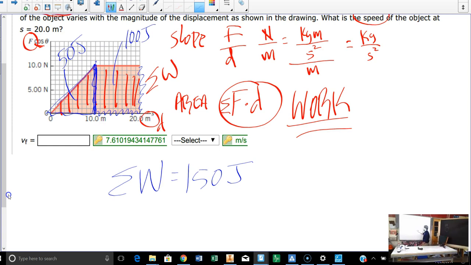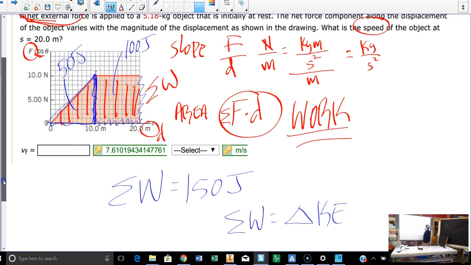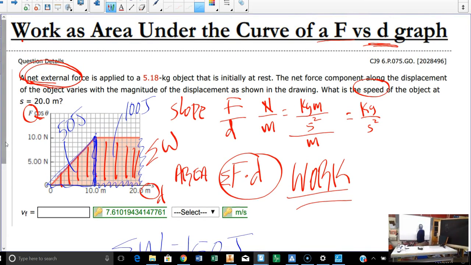And then for this problem, like I said, I would remind you that the net work done is always equal to the change in the object's kinetic energy. And I'm betting that if they want the speed at the end, yep, they give you the speed at the beginning, and it's at rest.